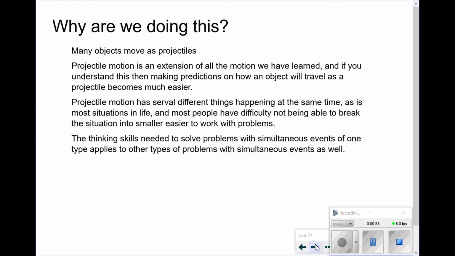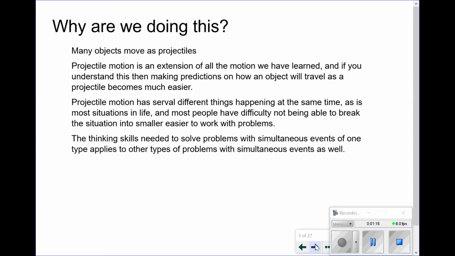Projectile motion does have several different things happening at the same time, as in most situations in life where you don't have one problem, but many different moving parts and events happening. Most people have difficulty breaking situations with many moving parts into smaller, easier to work with problems.